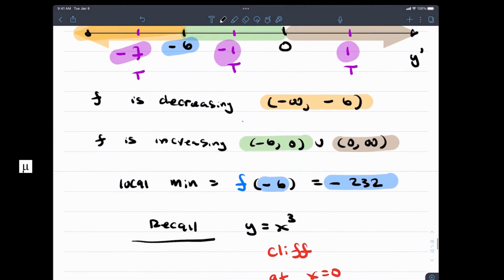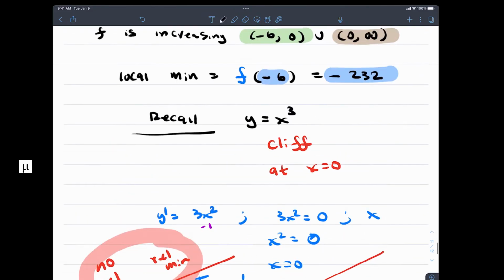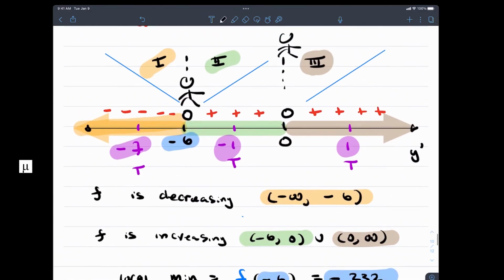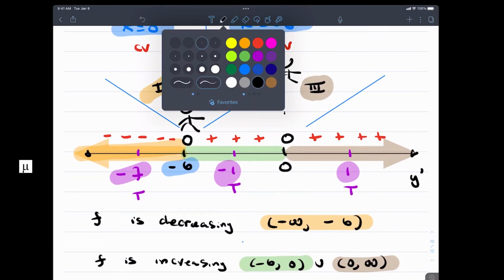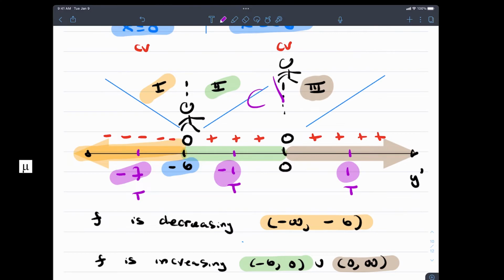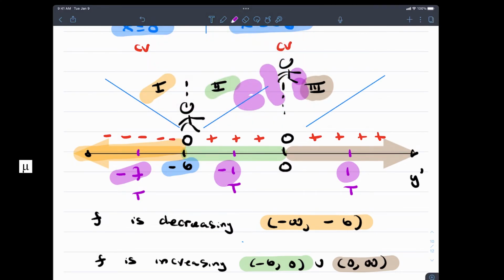Sign analysis will tell you if you have a cliff. It'll tell you if you have a relative max, relative min. It's only when you change these slopes right here. Okay, so here, this is what we call the cliff. All right, you're at a cliff there. If it's negative and negative, you're also at a cliff.